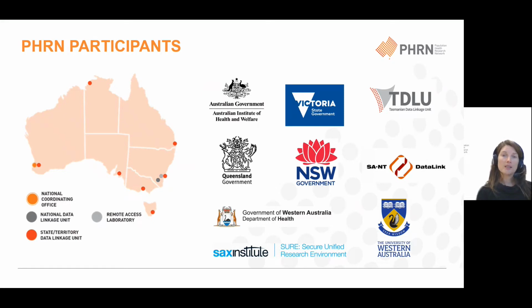It's always a good idea to talk to the client services officers of the data linkage units so you can familiarize yourself with the application process and any jurisdiction specific requirements before you apply as well.